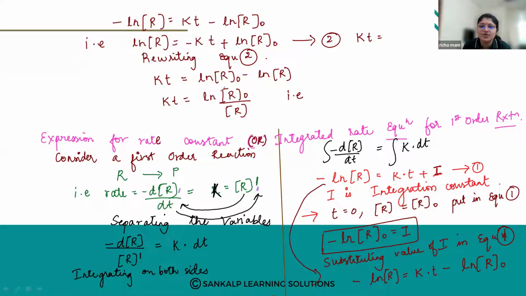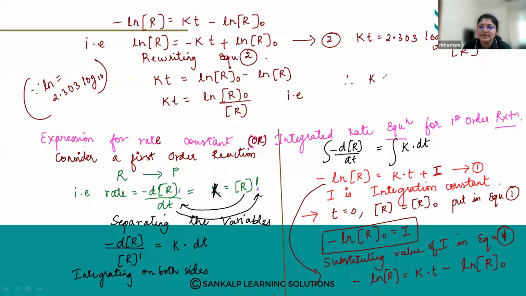Kt is equal to, so what is the value of ln? Ln is 2.303 log of 10. So substituting the value of ln here, we get kt is equal to 2.303 log of r naught by r.